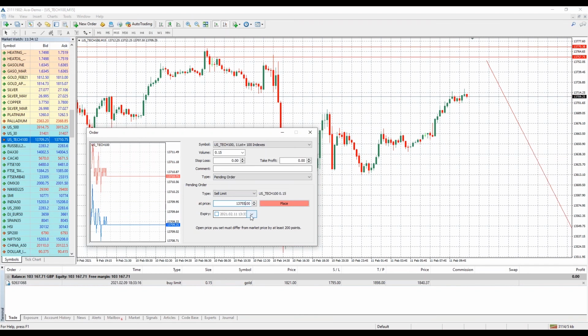13,755. Okay. Stop loss could be just above that at 13,780 or somewhere thereabouts. Depends how patient you'd want to be. 13,800, maybe even. Take profit could be at this support level down here. It was just down here earlier in the week.